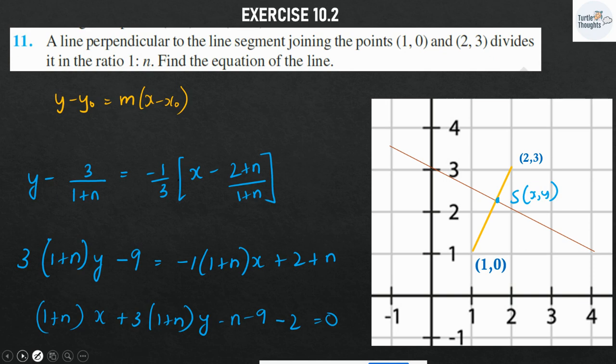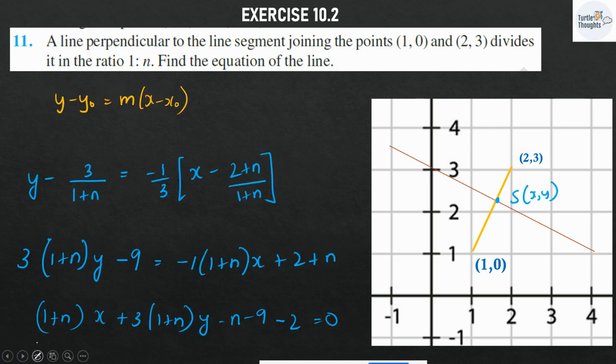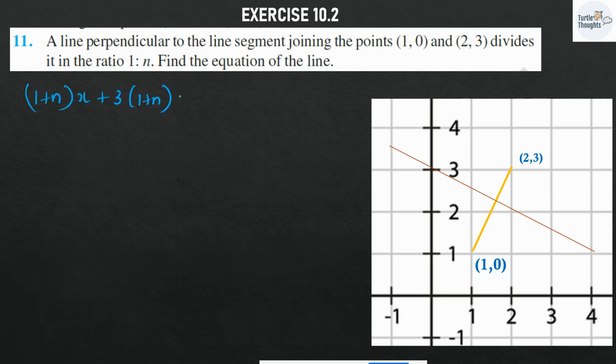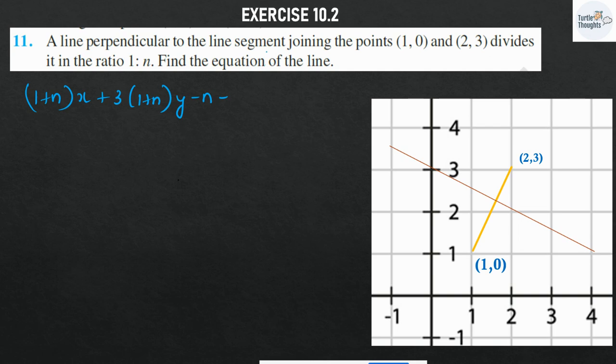So upon solving again, here I will be taking 1 plus n multiplied by x, plus 3 into 1 plus n multiplied by y, minus n, minus 9 and minus 2, I will be getting as minus 11, equal to 0.